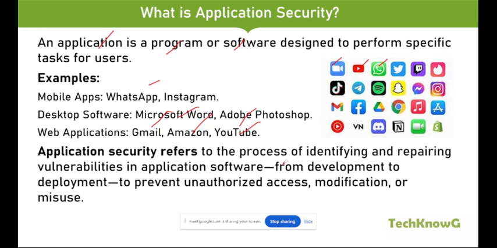Basically it refers to the process of identifying and repairing vulnerabilities in application software from development to deployment. So we identify and remediate, helping the development team repair the vulnerabilities, to prevent unauthorized access, modification, or any misuse.